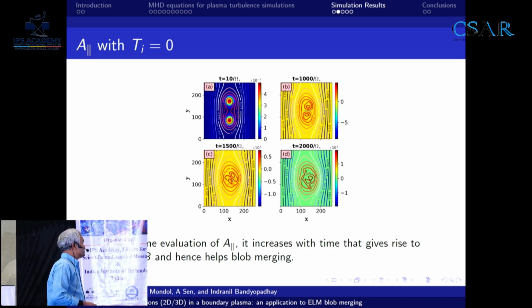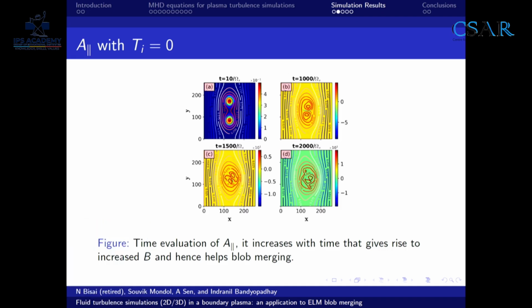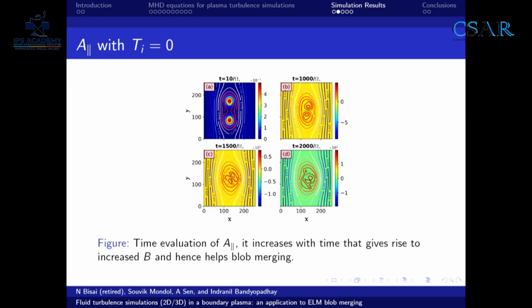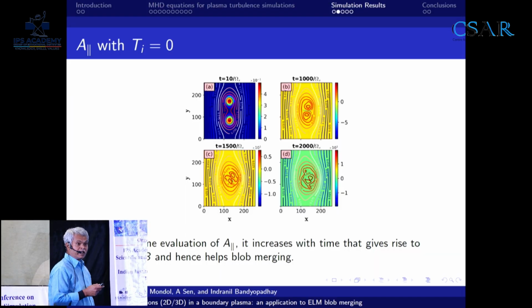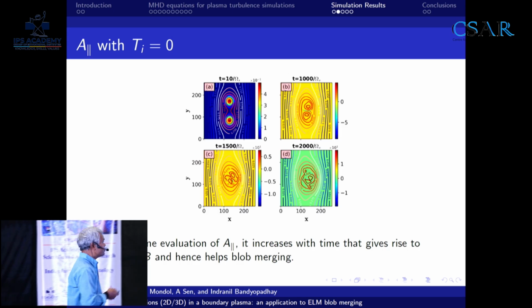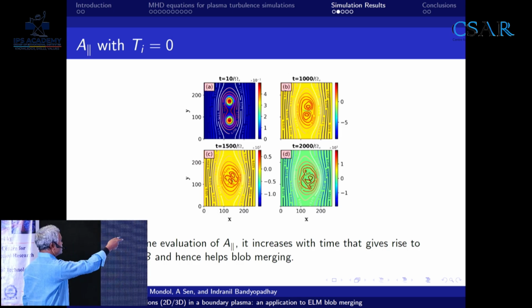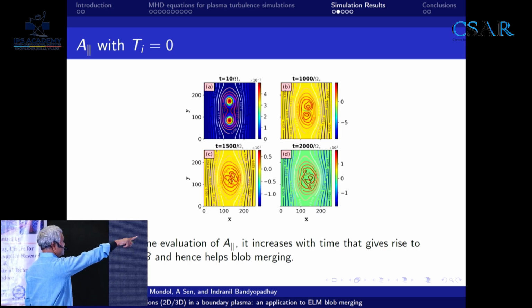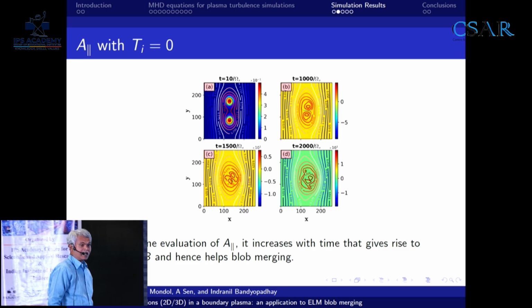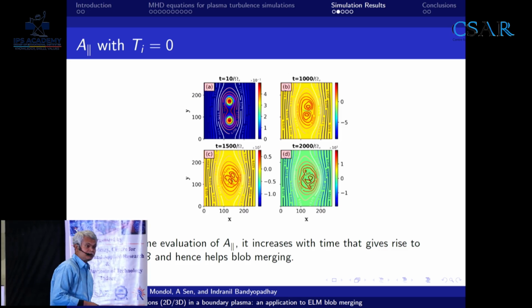For the corresponding vector potential, we took another approximation that ion temperature is 0, meaning cold ion. And what will happen for the hot ion, I will be talking about in the next part. For the cold ion, the vector potential is different. You see the color bar, the vector potential increases after interaction with the plasma.